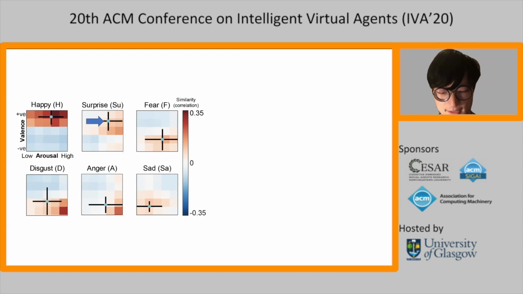I use this blue circle from another data set from another lab, and the black line is the standard deviation of the emotion word ratings. As we can see here, each emotion occupies a different region of this space based on the similarity of expression. For example, surprise is slightly positive but in high arousal, and sad is basically low arousal and negative. Each emotion occupies totally different parts.